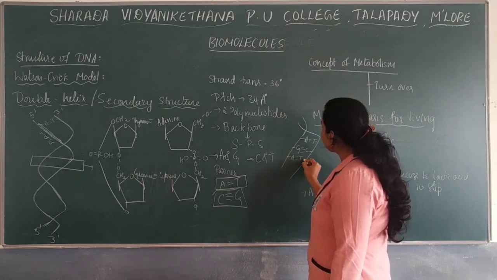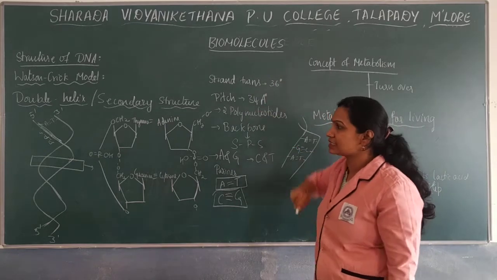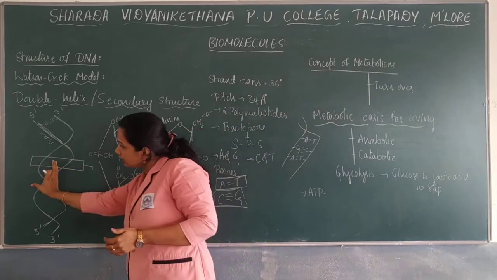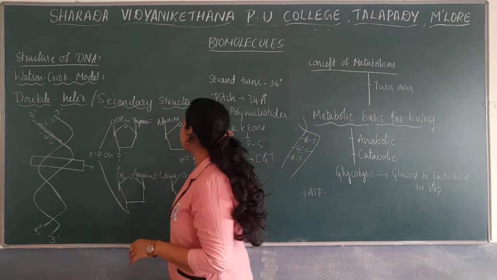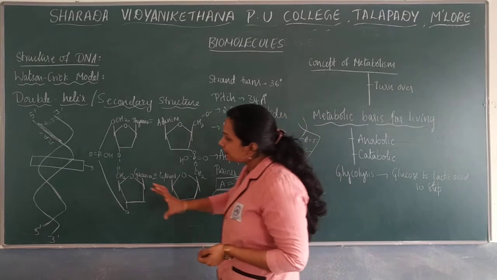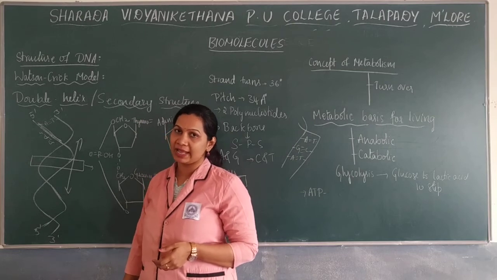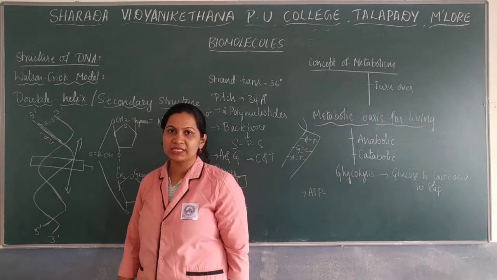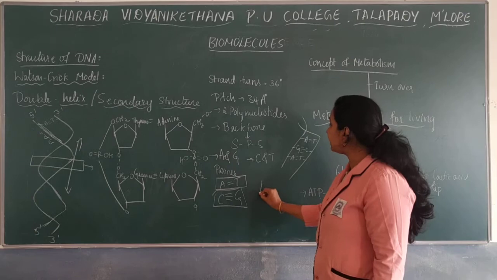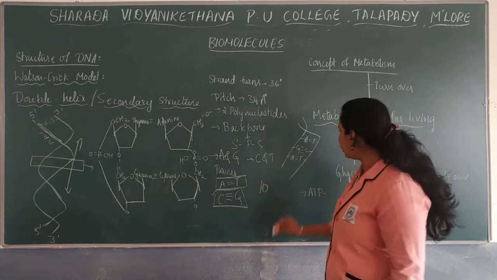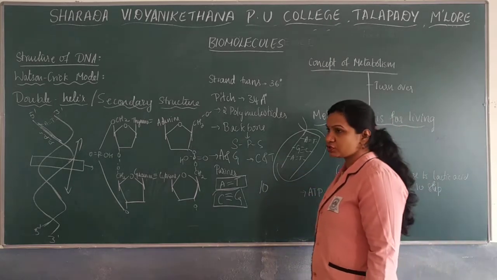The strand turns around 36 degrees, and the complete pitch is about 34 angstrom. Each complete pitch consists of around 10 pairs of nitrogen bases.